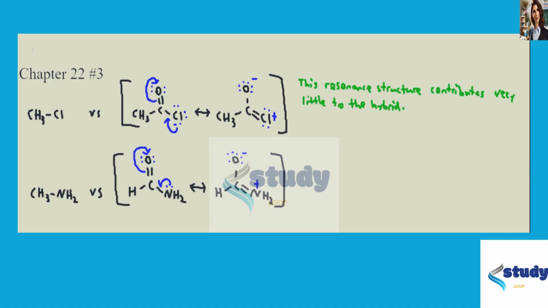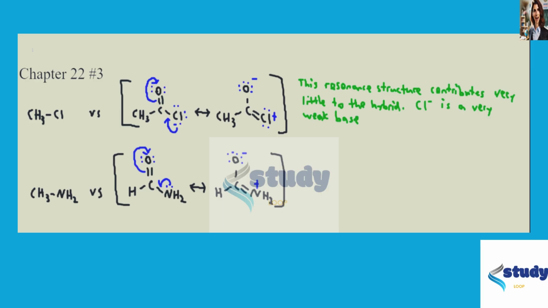And the reason for that is that chlorine, or chloride ion, is a very weak base. And since it's such a weak base, it's not super eager to donate one of those lone pairs and form this resonance structure.